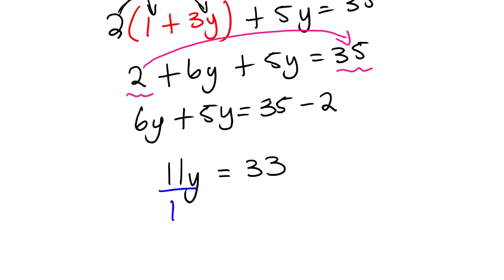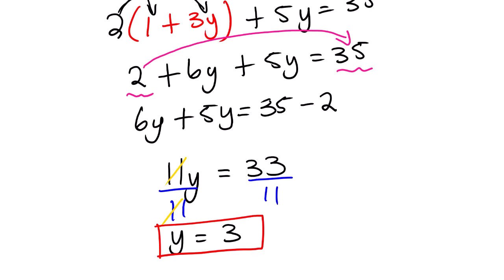From here we divide by 11 both sides. This will get rid of the 11, and then we are left with y is equals to 33 divided by 11, we have 3. So this is our first solution, which is y.